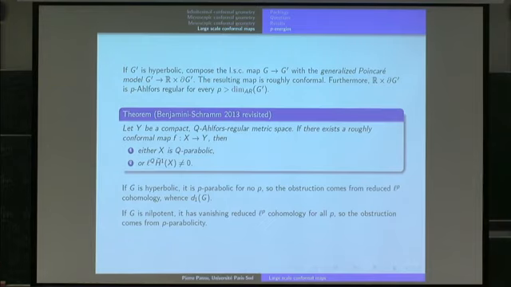So now, again, I'm studying situations where you have a domain group which is either nilpotent or hyperbolic, and a range group which is hyperbolic, composed with the Poincaré model. When the domain is nilpotent, it turns out nilpotent groups have vanishing reduced L^p cohomology for all p.